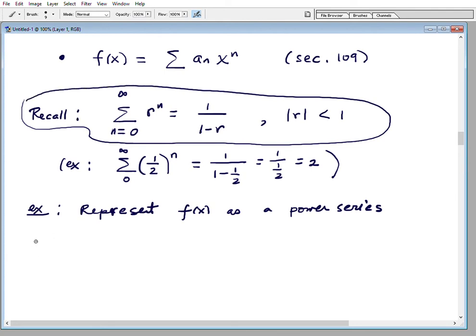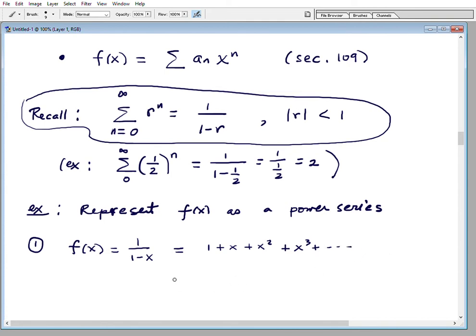All right, so here's the first very simple example. Let's say we have this function, 1 over 1 minus x. This looks just like 1 over 1 minus r. We just replaced r with x. So we know that this is equal to the geometric series, the sum of x to the n.